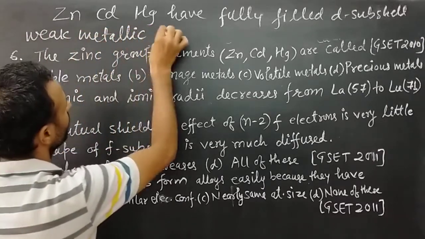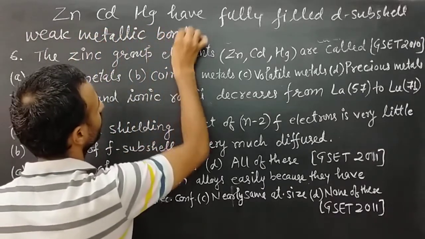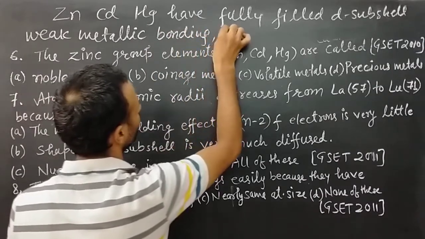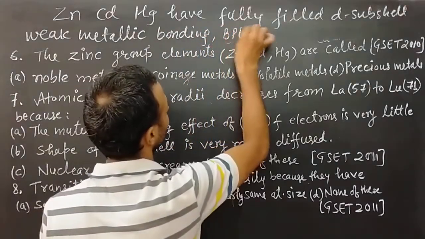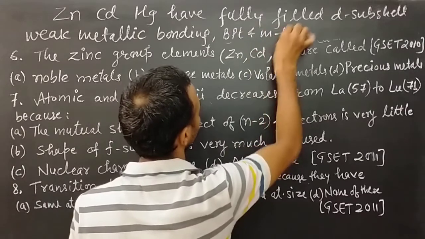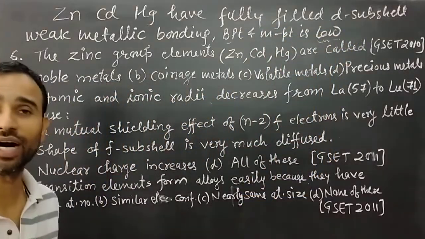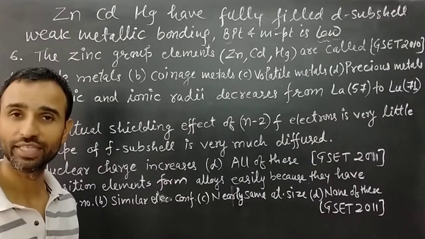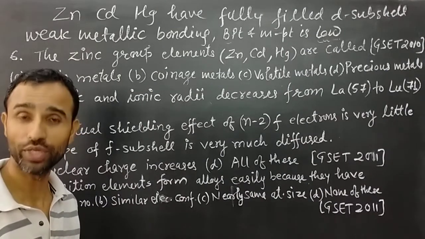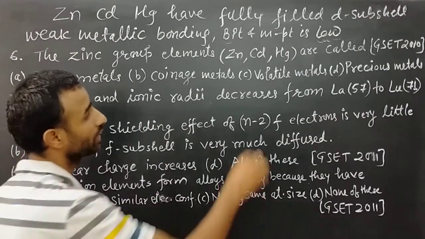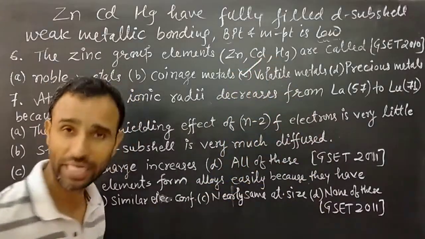As there is weak metallic bonding, their boiling and melting points are low. That means they are volatile in nature, and that's why they are called volatile metals.